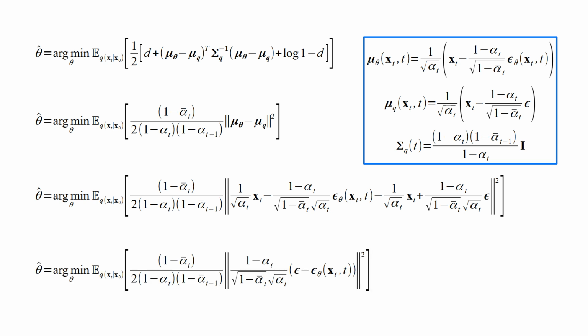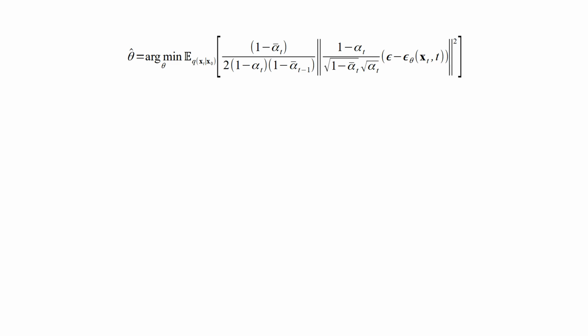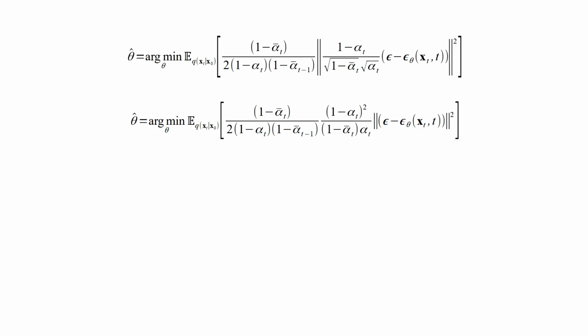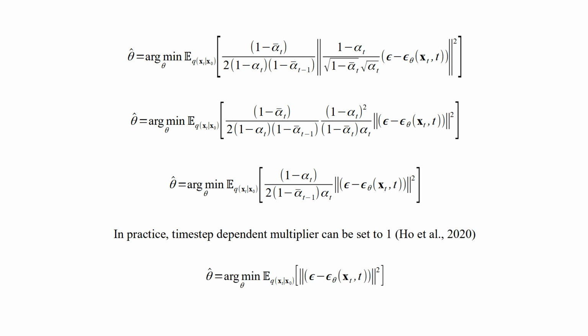Simplifying, we get this equation. This is the resultant expression. In practice, time step dependent multiplier can be set to 1.